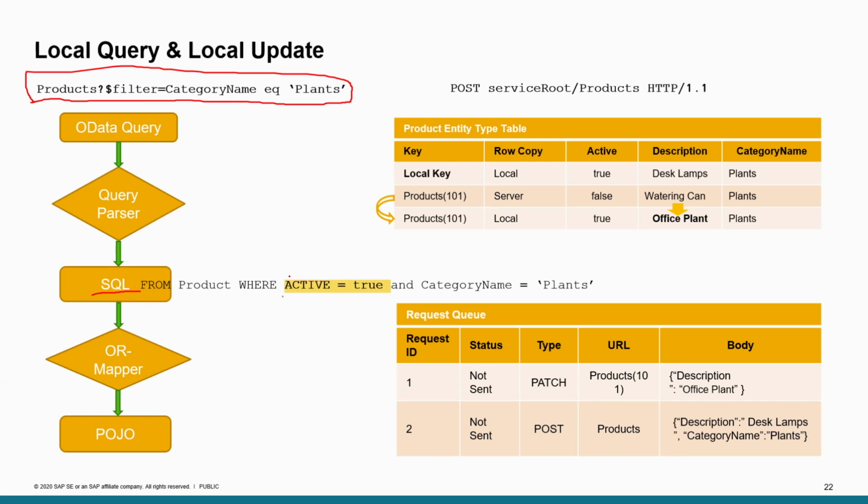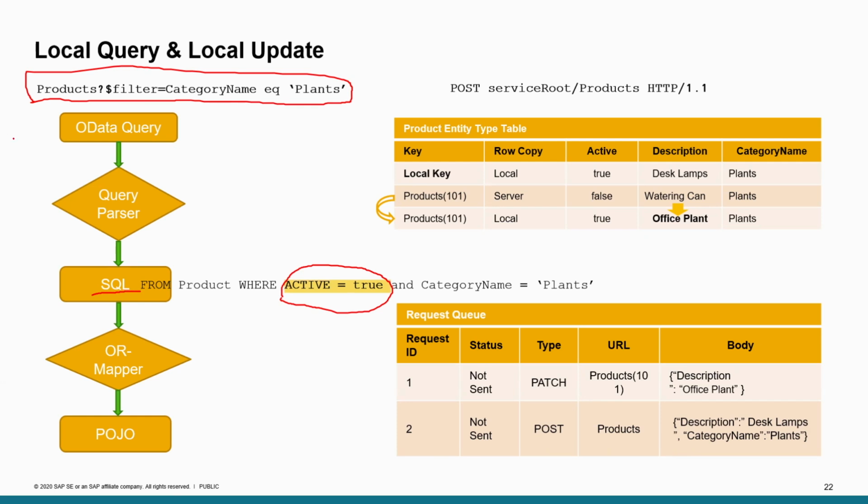We also take care of some offline-specific aspects, and then we use an OR mapping approach to deserialize the data from the database tables to POJOs, and hand over these POJOs to your application so that you can work on them. So this is about the query.